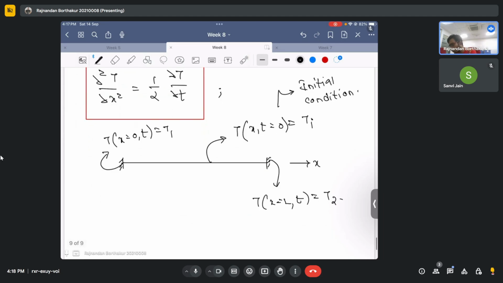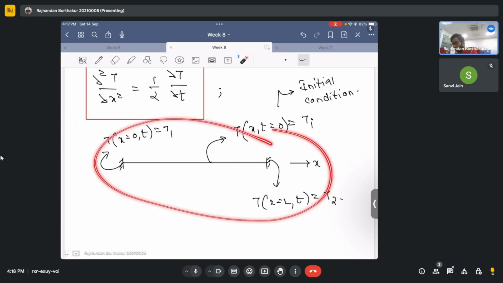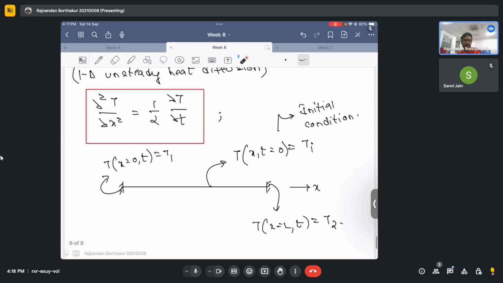So once you know these things, what you were asked is to evaluate the temperature distribution in this rod as a function of x and t. In other words, you need to find T as a function of x and t.